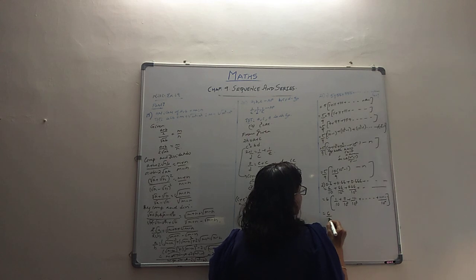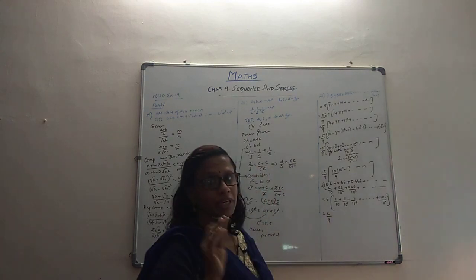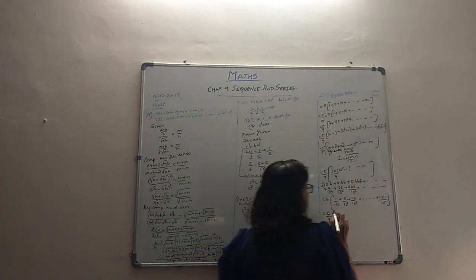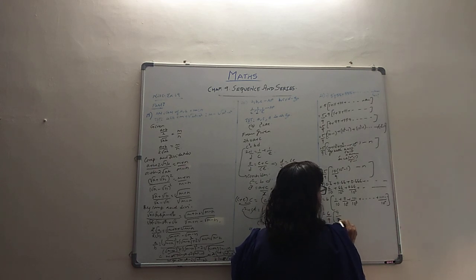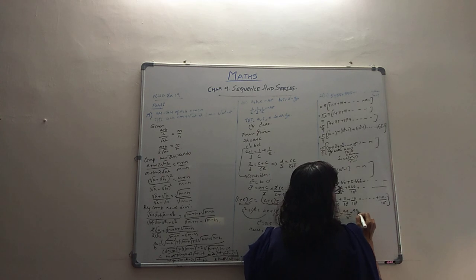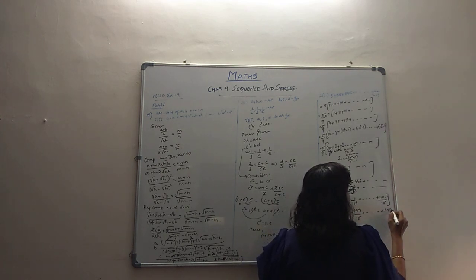Then like before, multiply and divide by 9 so that we can achieve our purpose. So the 9 has got inside, it will be 9 by 10, 99 by 100, 999 by 10 cube, and the stretch of 9's by 10 raised to n.